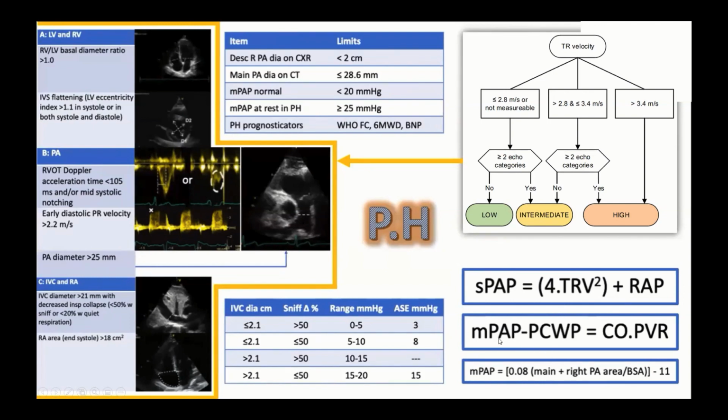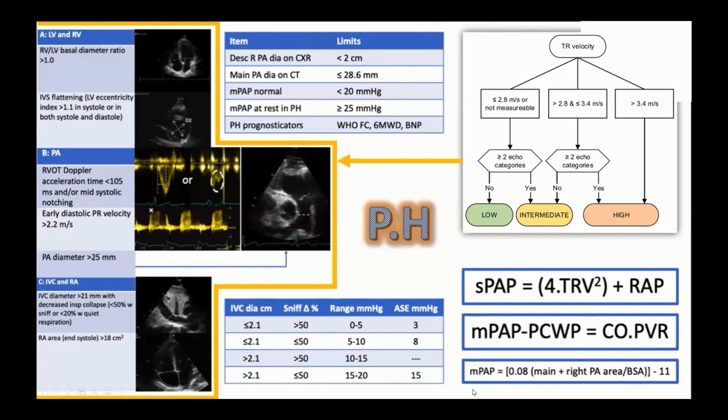And this is the equation that reminds me that the cardiac output has a lot to do with what the mean pulmonary artery pressure looks like. So a drop in mean pulmonary artery pressure might not mean improvement in disease, but it might tell me that the cardiac output has come down because of LV failure or something like that.